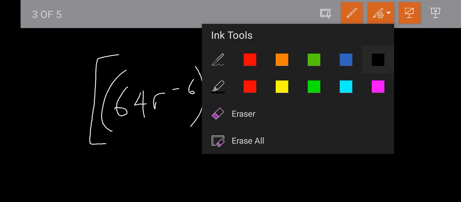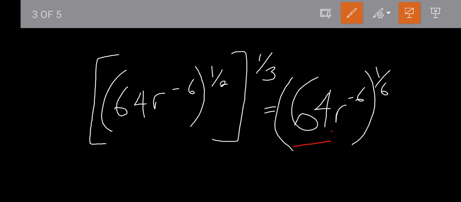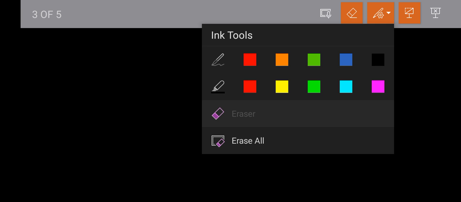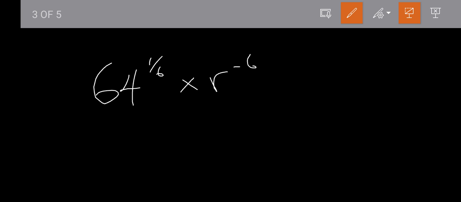We have two numbers there. We have 64 and we have r. So in order for us to open the bracket, we're going to do this. It's going to be 64 raised to power 1 over 6 times r raised to power minus 6 times 1 over 6.